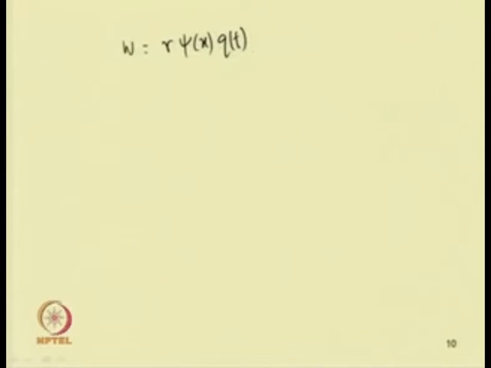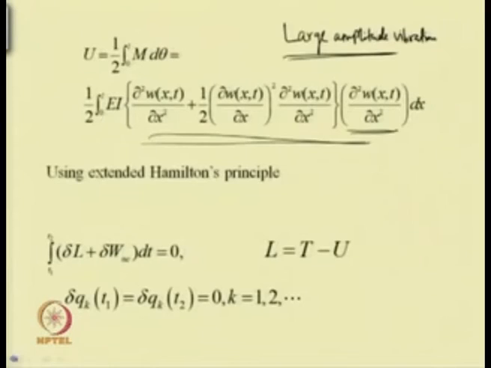So, by using this equation in kinetic energy, potential energy, and finally in this Hamilton principle, one can derive the temporal equation of motion by applying the Galerkin principle. The use of Galerkin principle has been discussed in the last class. So, one can use that principle to derive the equation of motion.